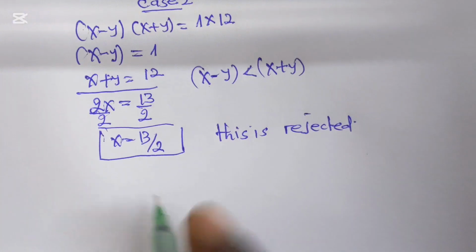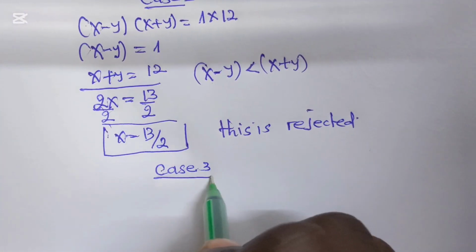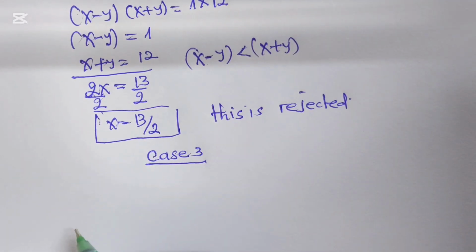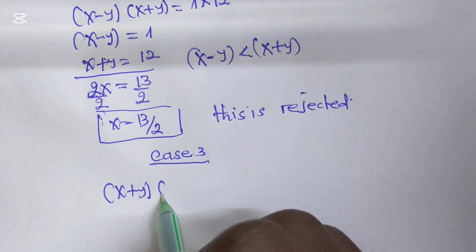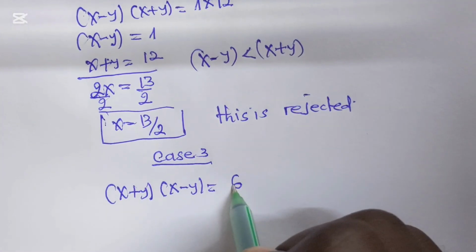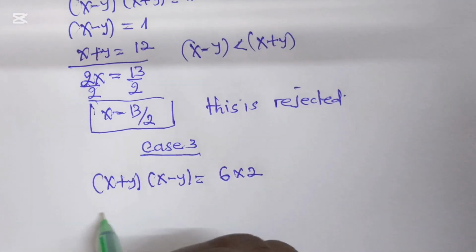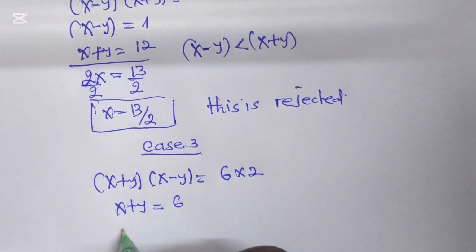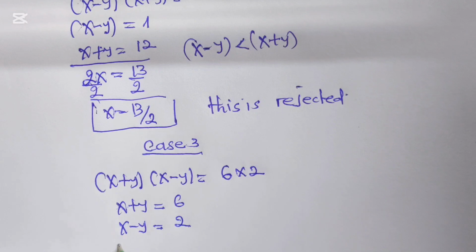For case 3, we have x plus y times x minus y equals 6 times 2. We can say x plus y equals 6 and x minus y equals 2.